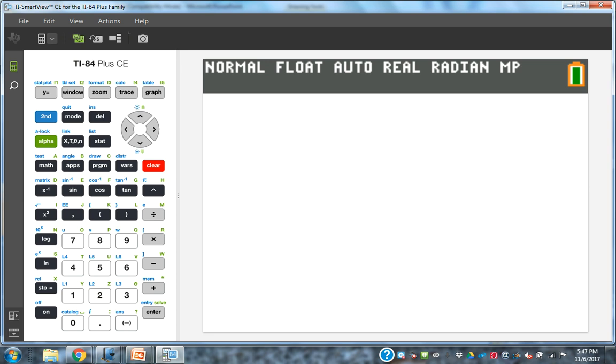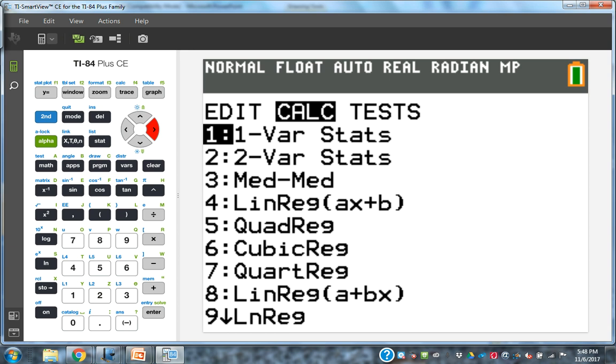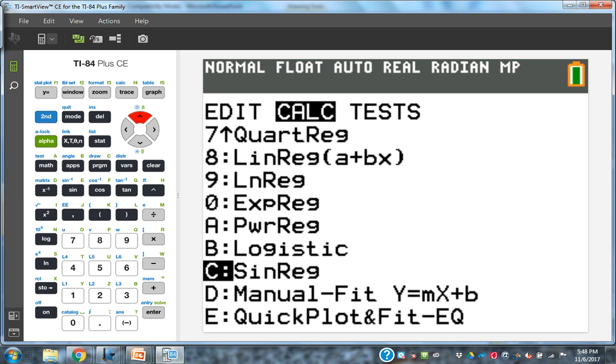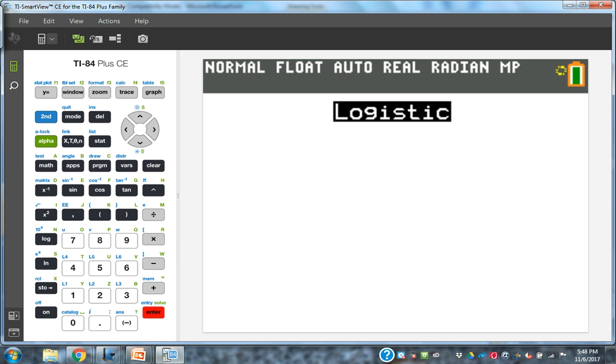And then you can also do that with a logistic model. Again, you flip over to page 7, the last page of the PowerPoint handout there, and you see that there's a logistic model. There's a data table on the previous page that you put in your calculator. You hit stat, go over to calc. You're looking for the logistic model, put that in.